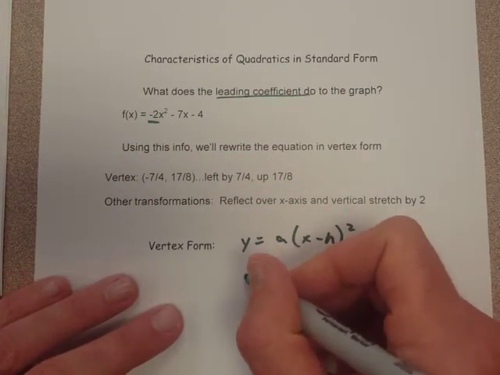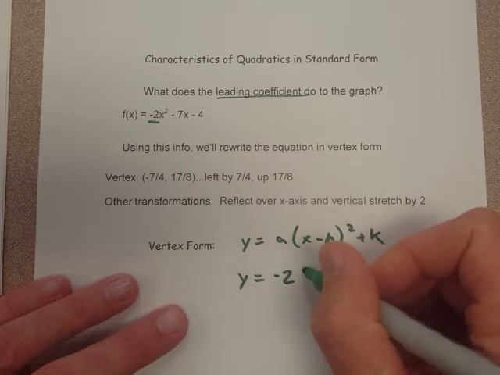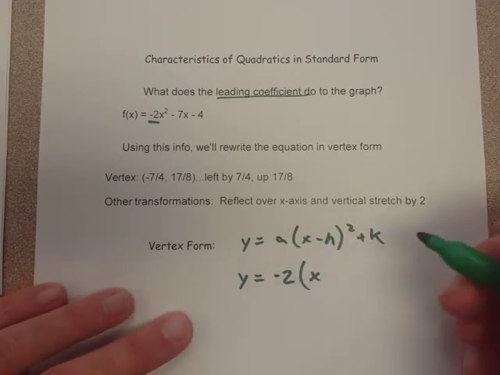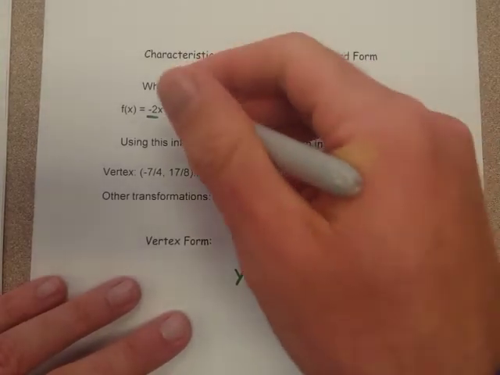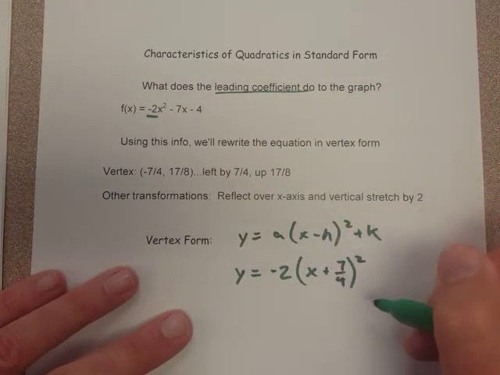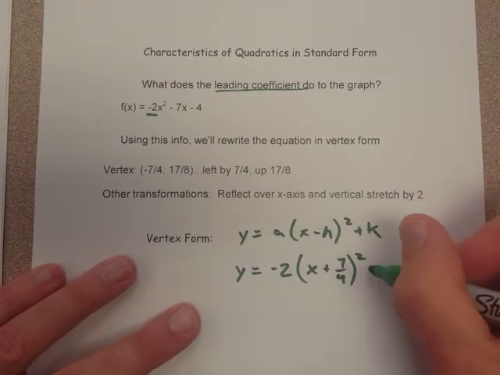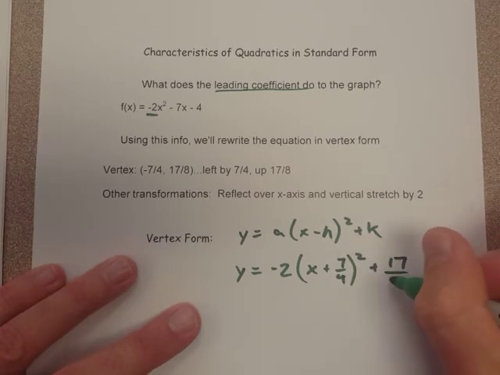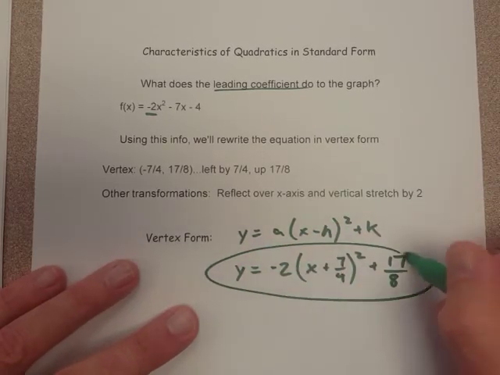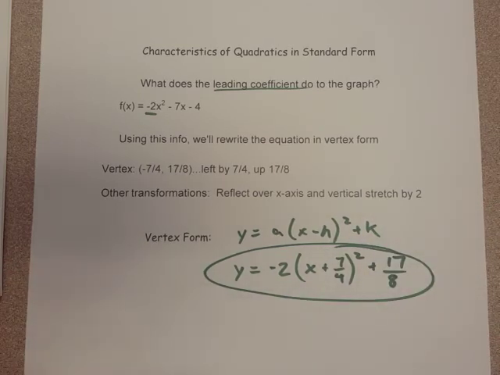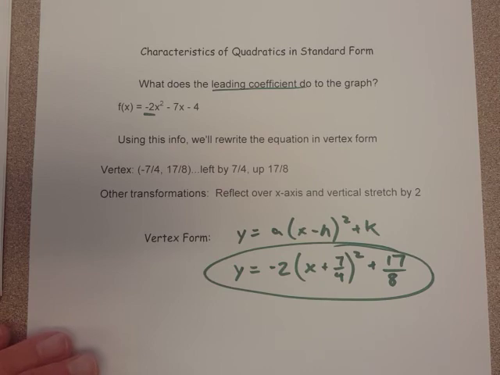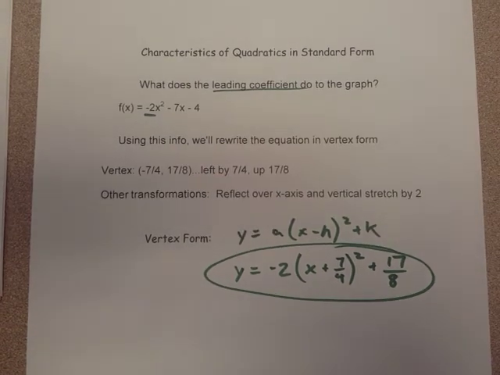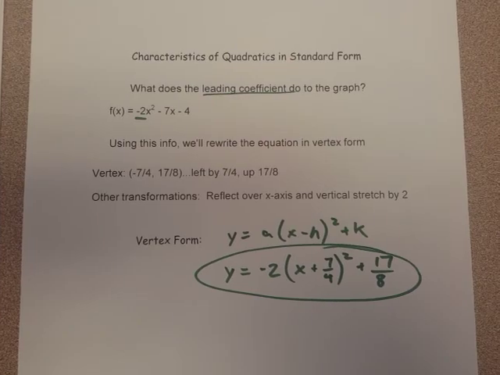And so what we get then for vertex form is negative 2 times x plus 7/4, because that's the x value, x minus h, and then plus 17/8. And that'll be our vertex form, using the ideas of the different transformations that we had, but then also the vertex that we found here. So hopefully that will allow you to convert from standard to vertex form.